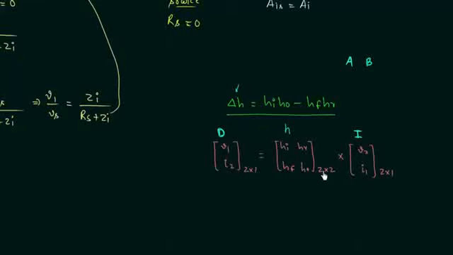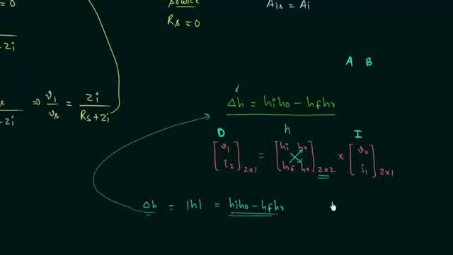I will only consider this 2 by 2 matrix, and we already know we can find determinants of a square matrix only. 2 by 2 is a square matrix, so we can find the determinant of h, which is equal to HI multiplied with HO minus HF multiplied with HR, and another representation of the determinant is delta H. So delta H is equal to HI HO minus HF HR. So we have proved this, and this is all for this lecture.